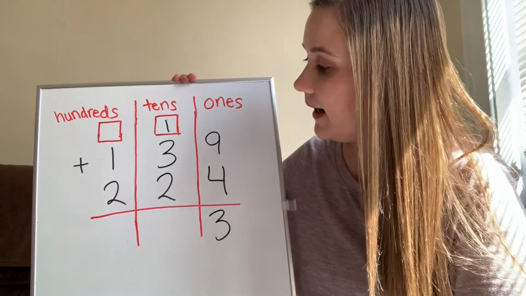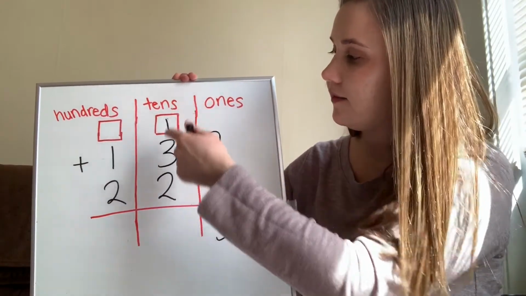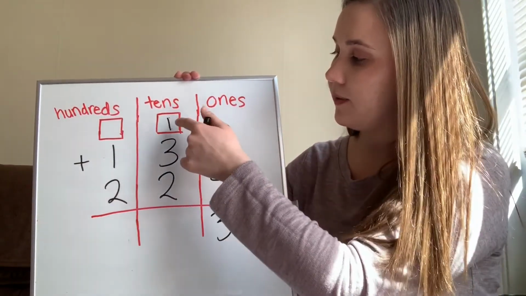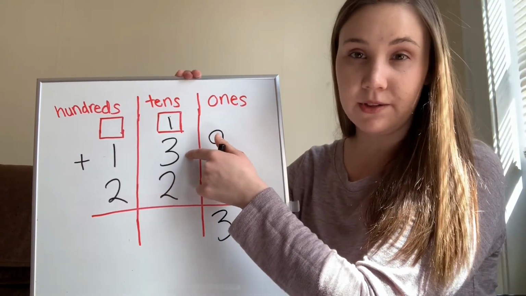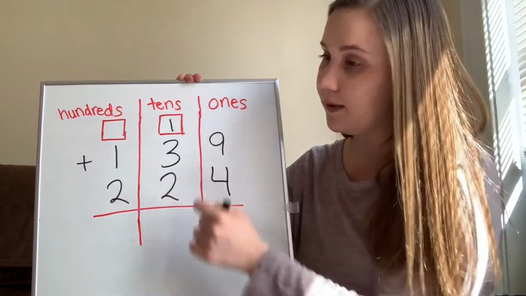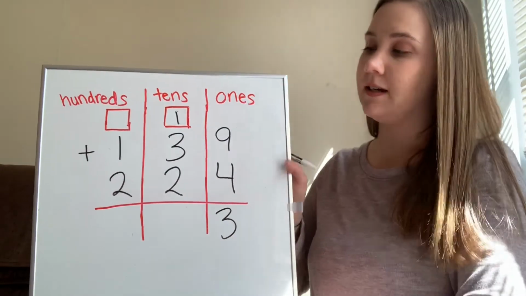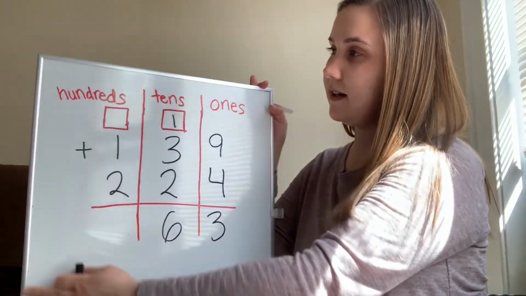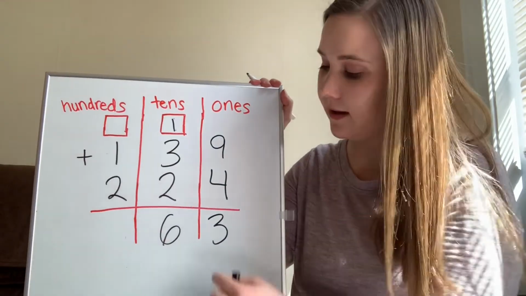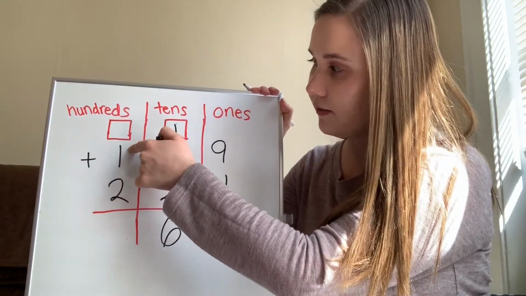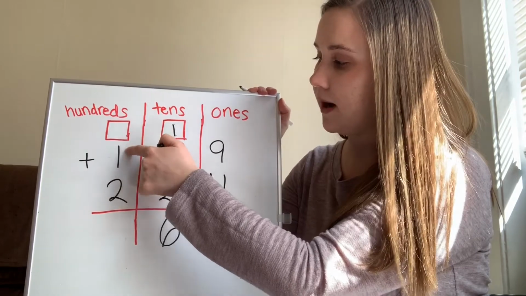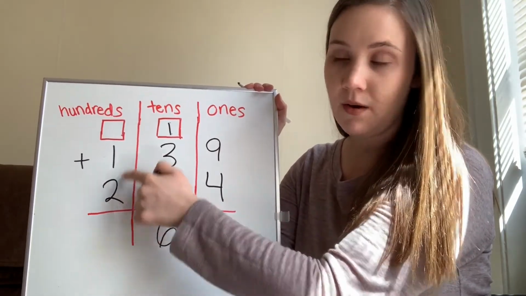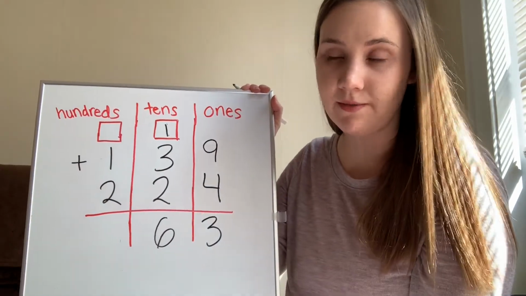Okay, now we are going to add all of our tens digits. So we have 1 plus 3 equals 4, and 4 plus 2 equals 6. So I'm going to write 6 underneath the tens column. Okay, then we can go ahead to our hundreds column and add 1 plus 2. 1 plus 2 equals 3.